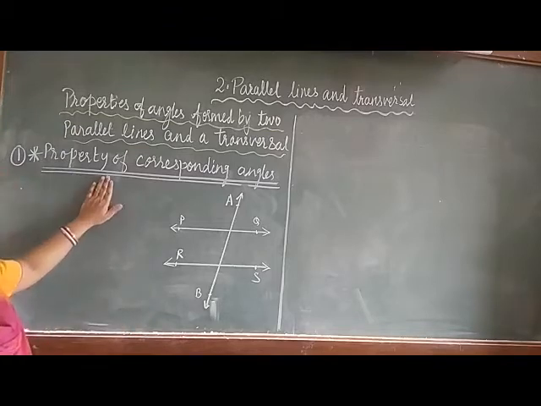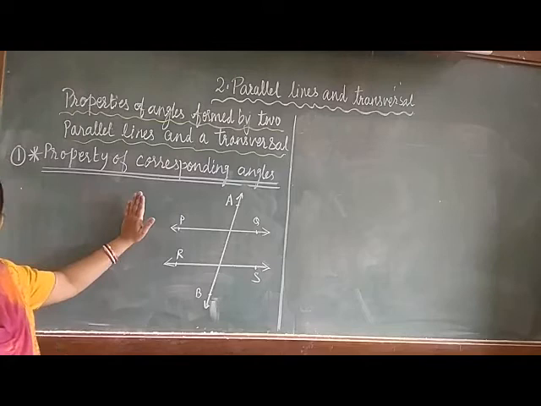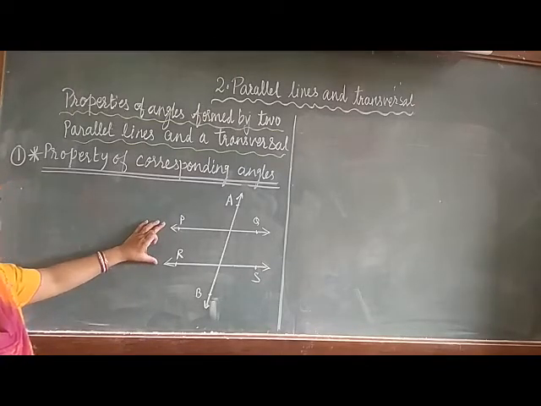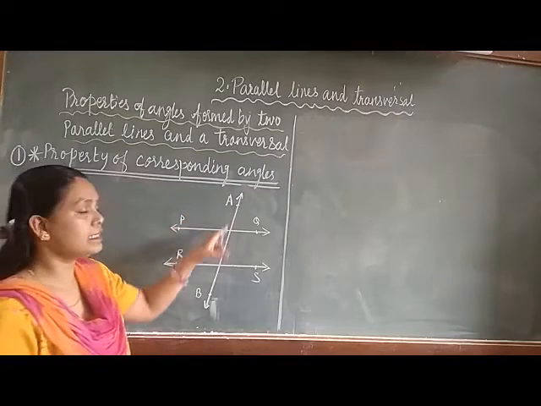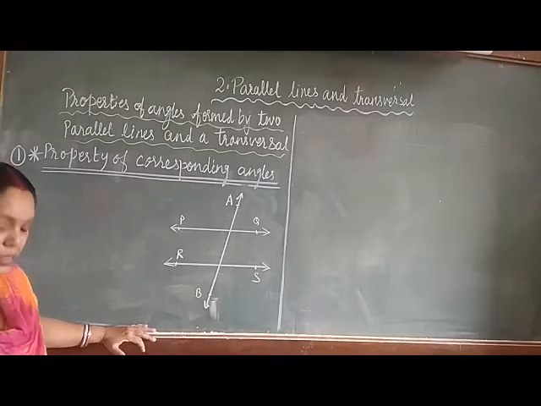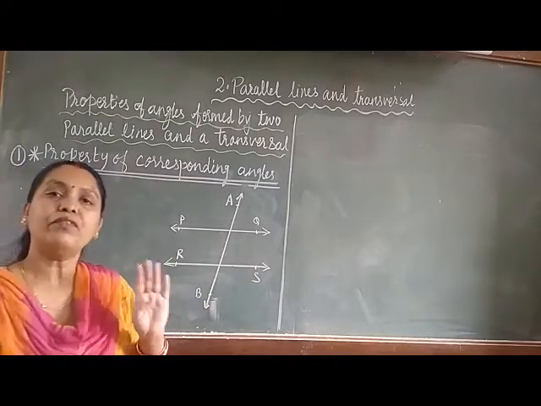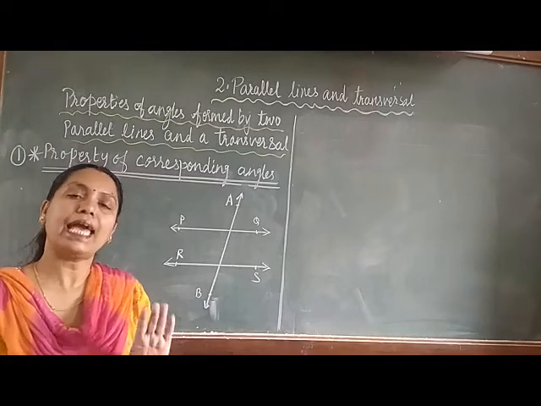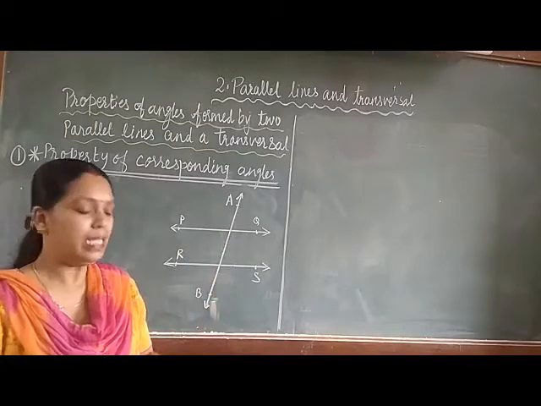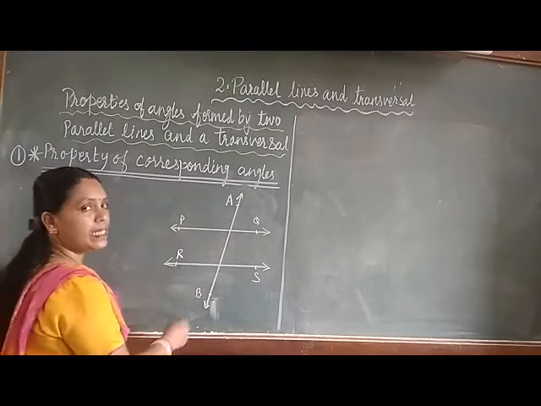So what does the property say? A pair of corresponding angles formed by two parallel lines and its transversal will be congruent. Now, as we have studied before, four pairs of corresponding angles are formed in this figure. Let us understand these four pairs of corresponding angles.